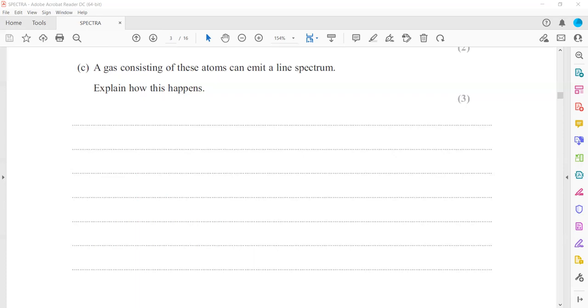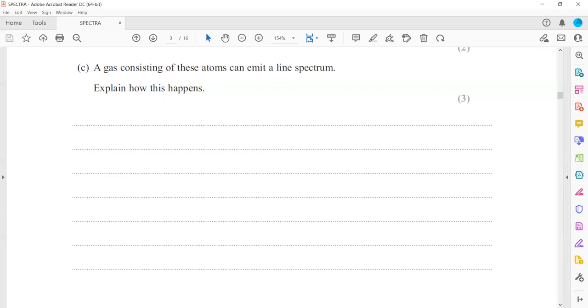If the electron is in the ground state, it will absorb a fixed amount of energy and jump to a higher level, and because it absorbs a fixed amount of energy, it will give a line spectrum. The energy of the photon which is absorbed is equal to the difference in the energy of two levels.